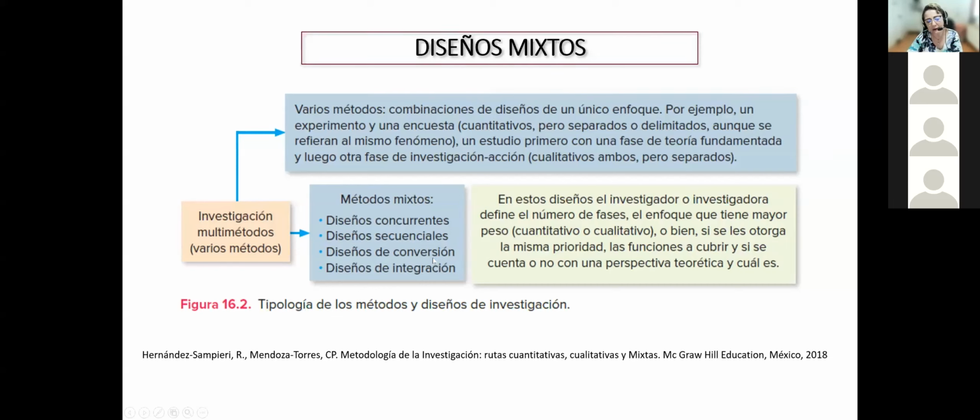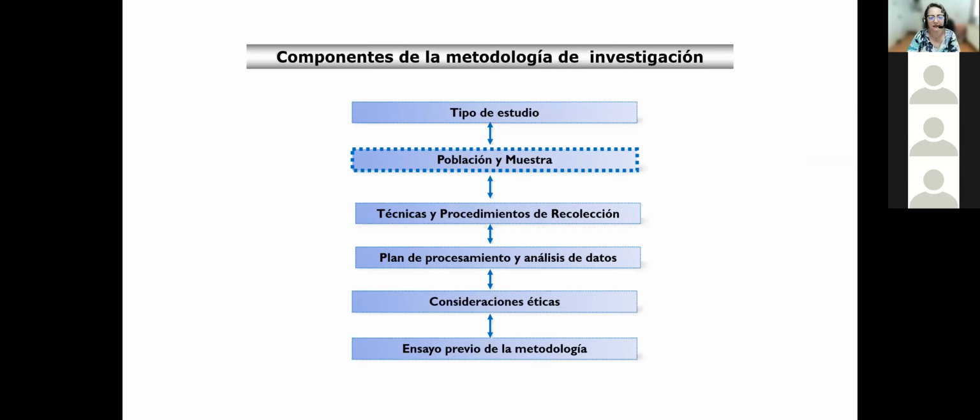Or I can also do a qualitative study that will give me elements for posterior quantitative studies, or integration designs of different research processes. So we have to think that the methodology of our study should include the combination of different designs to be able to better explain the phenomena that we are studying. So this is for the first point.